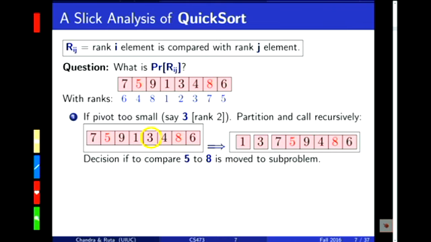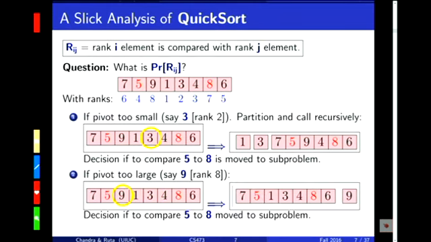Now you have to ask the same question in this subarray again. So in the first round, they won't be compared if the first pivot is 3. Suppose the first pivot was 9.